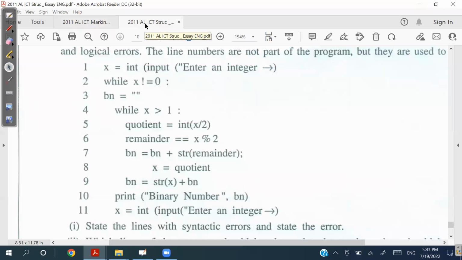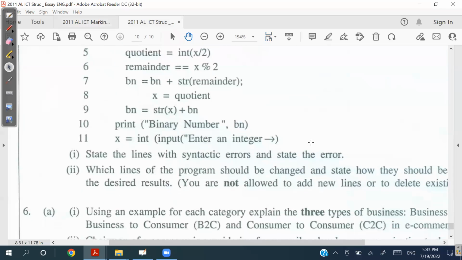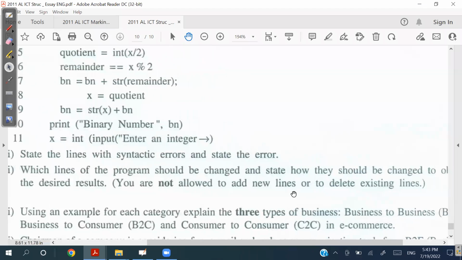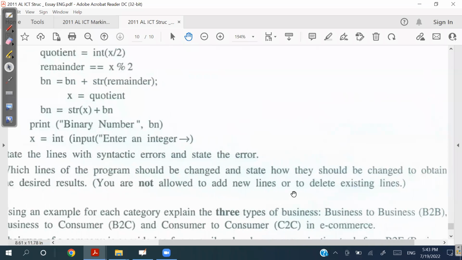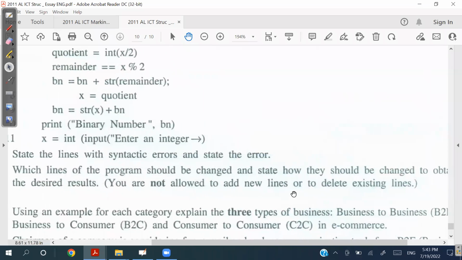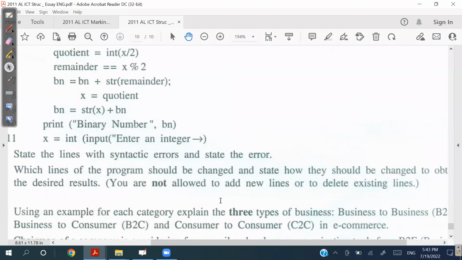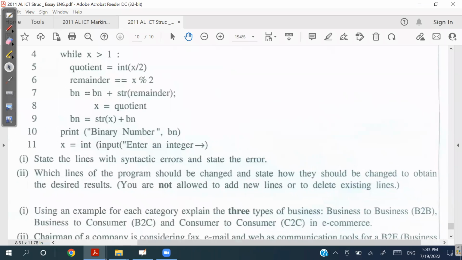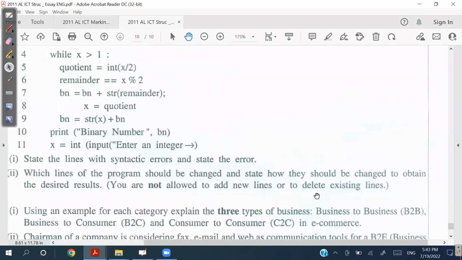So the next one, what they're saying is, which line of the program should be changed, and state how they should be changed to obtain desired results, right? So in the question, they have mentioned there are both syntax and logical errors.